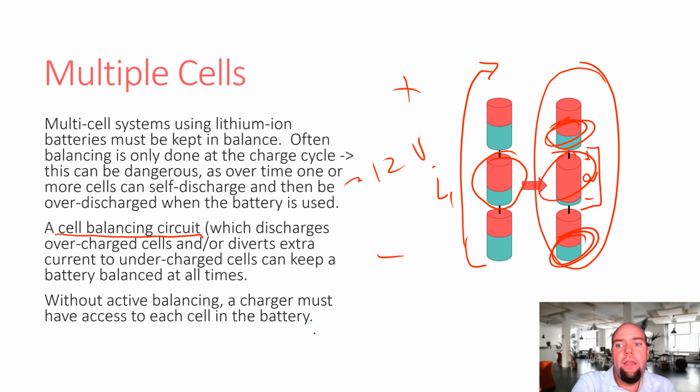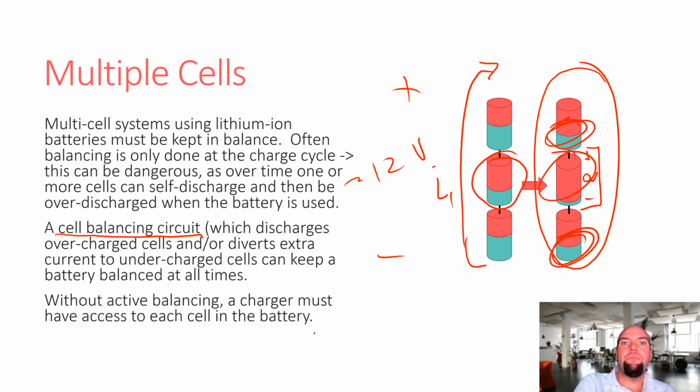Again, we're talking about microscopic imperfections that vary in the manufacturing process. So if one battery has a self-discharge rate of 100 microamps and the other batteries have a self-discharge rate of 20 microamps, if you wait a couple of months, one of those batteries is going to be way more discharged than the others, and then you're going to run into this issue.